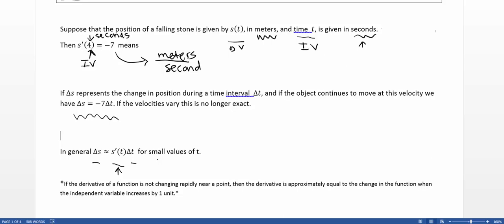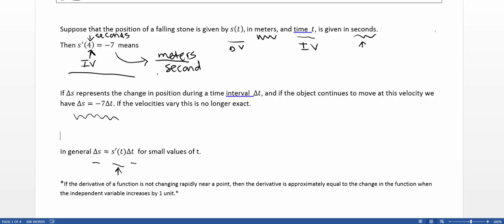So when we talk about what the derivative means, we're talking about what happens when we change the independent variable by 1 unit. What is the impact on the dependent variable? If we go back to our s prime of 4 equals -7, what that tells me is that if I go from 4 to 5 seconds, so a 1 unit change in seconds in the independent variable, I'm expecting my position to change by -7 meters.